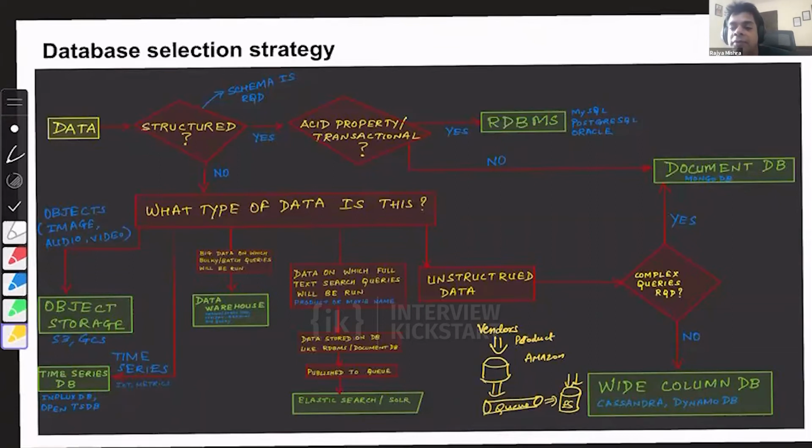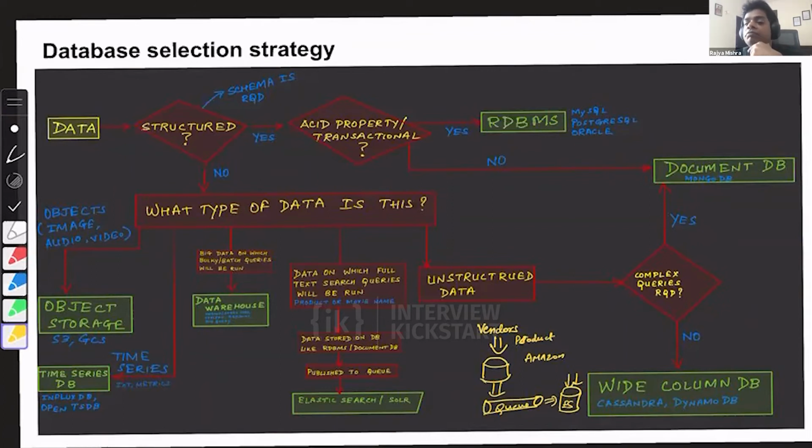They all come under the umbrella of NoSQL, but the NoSQL umbrella is very huge. MongoDB specifically is a document database. And you can see in this flow chart in what scenario we are using document DB and in which scenario we are using DynamoDB.